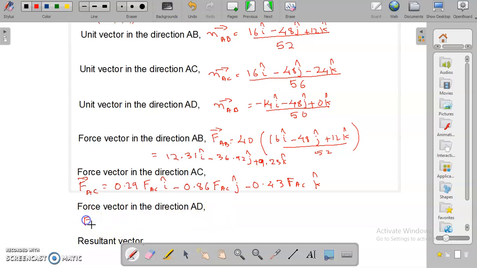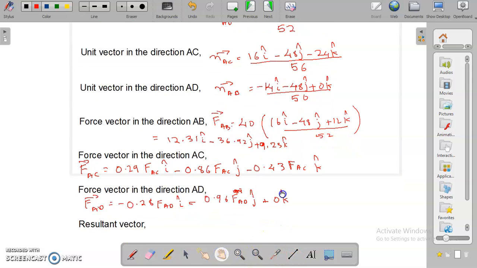And for vector F_AD, it is minus 0.28 F_AD, here also F_AD is unknown, minus 0.96 F_AD into j plus 0k. Now you got the three force vectors.